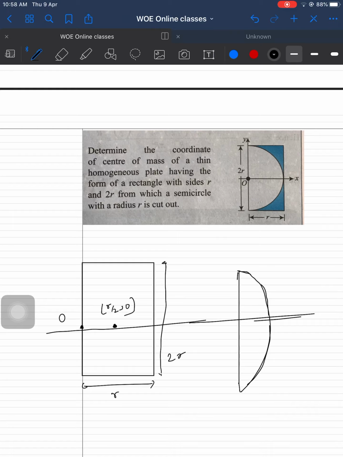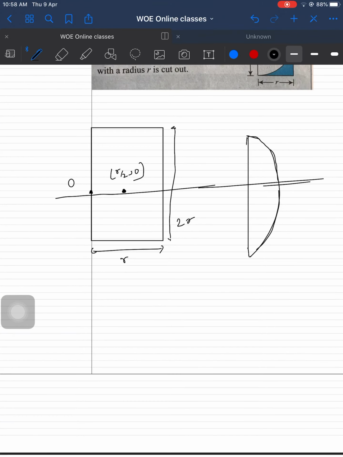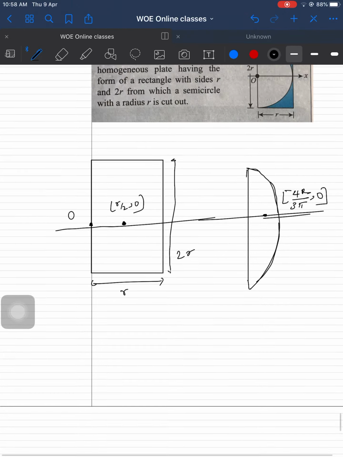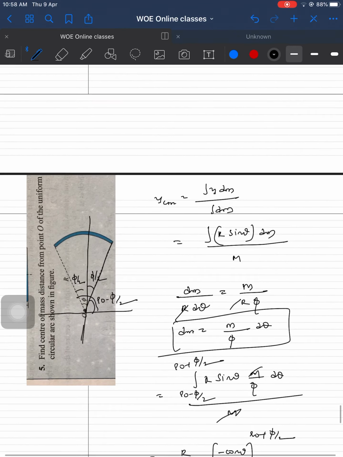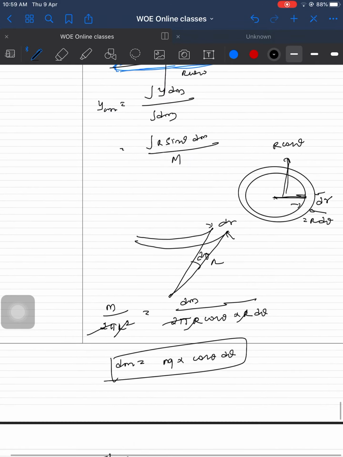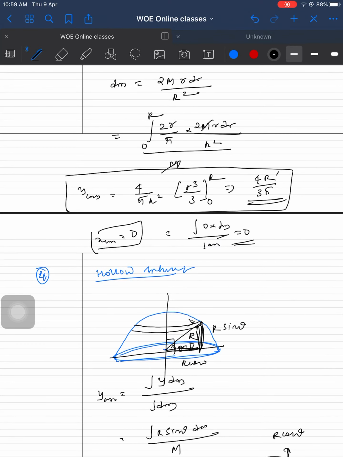If the mass is removed, what will be the removed mass coordinates? The center of mass coordinates for a semi-disc are 4r by 3 pi comma 0. If you have any doubts, you can go back to the previous class.